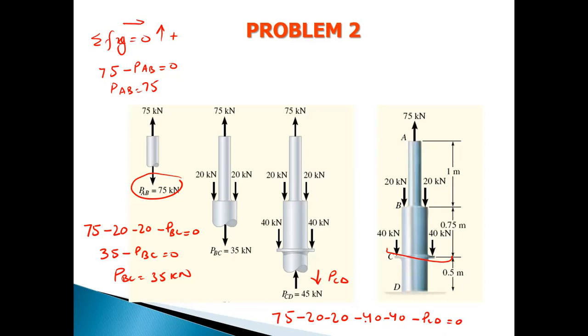If we calculate 75 minus 20 minus 20 minus 40 minus 40, it will be minus 45. So PCD equals minus 45. It means our assumption is wrong, PCD is upward. So PAB is downward, PBC downward, and PCD upward.